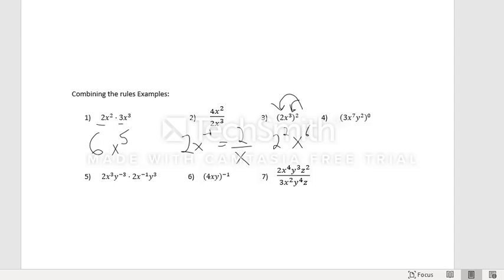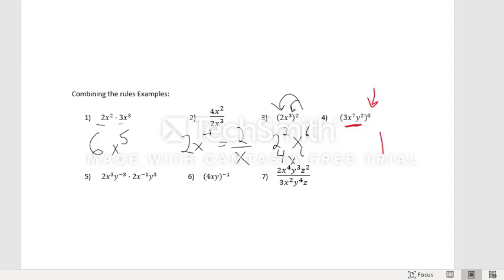You can simplify this further. 2 squared is 4, so 4x to the sixth. All right, number 4, we have this big old mess in here, but notice it is raised to the 0 power. Anything raised to the 0 power makes it 1, so the answer to that one is just 1.